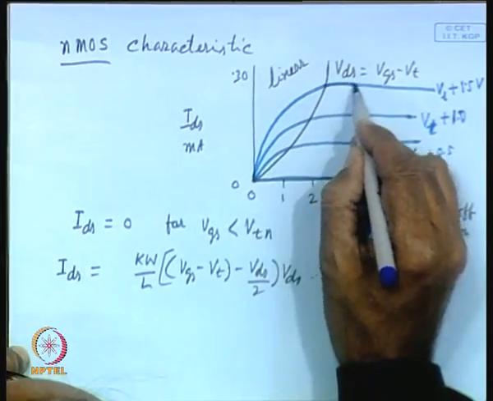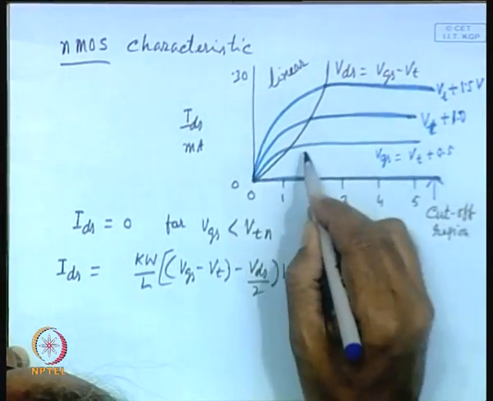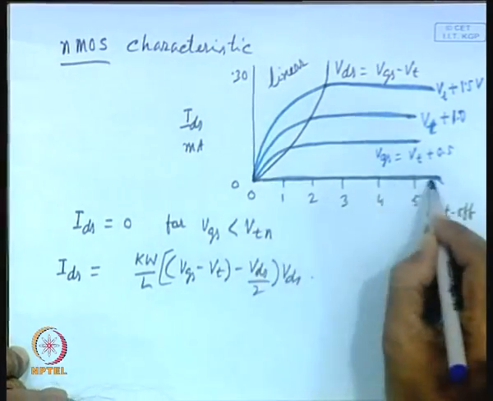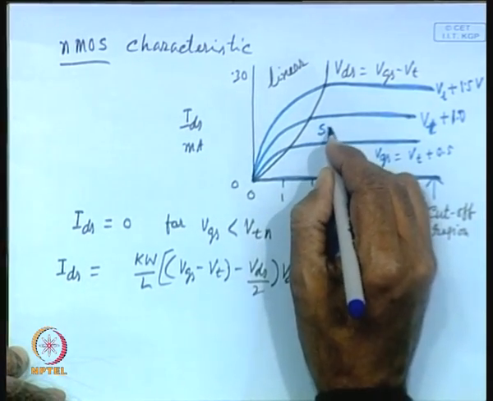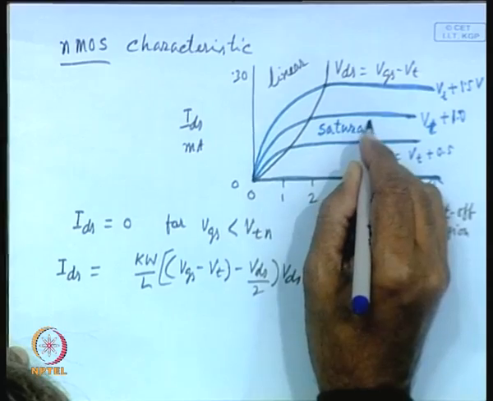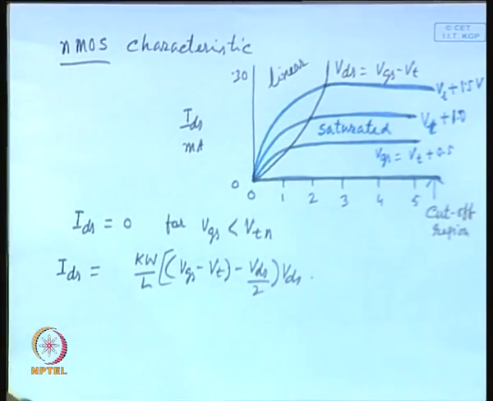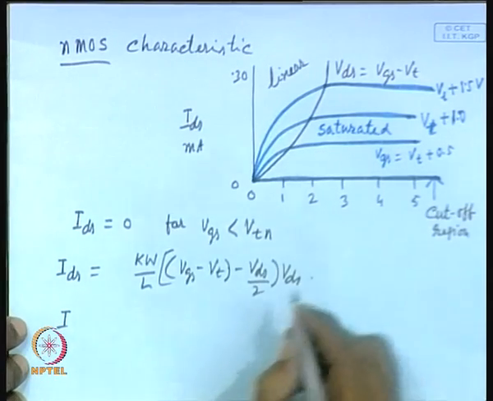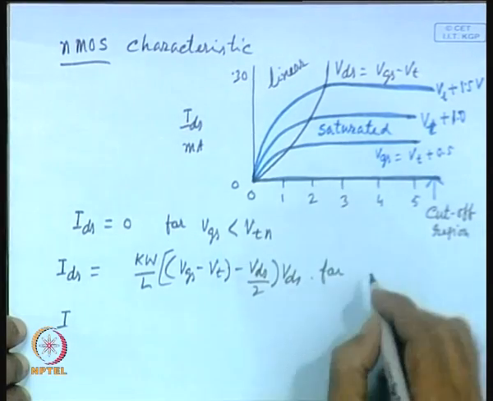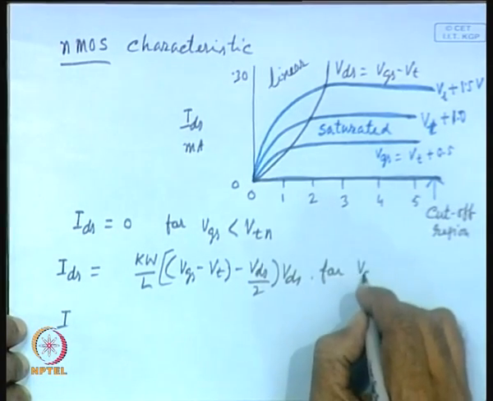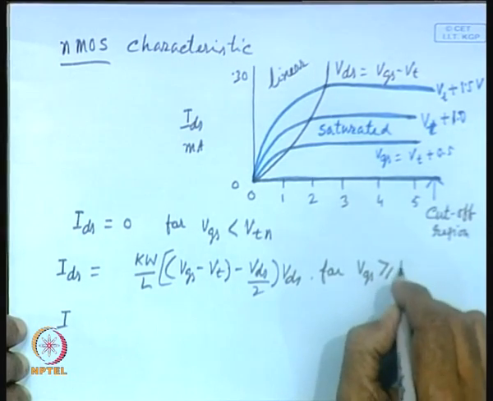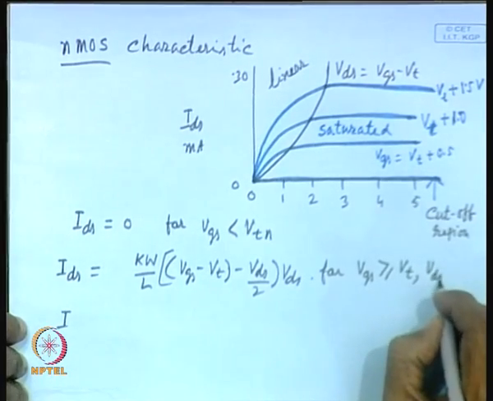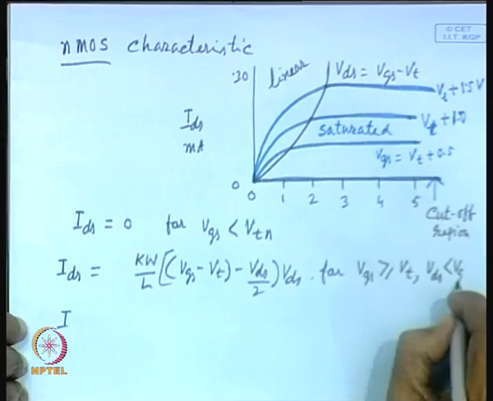Okay. So, in this part the current is constant. So, this is the saturation region. This is the linear region, this is the cutoff region, and this is the saturated region. And this non-saturated region is for VGS greater than or equal to VT and VDS less than VGS minus VT.